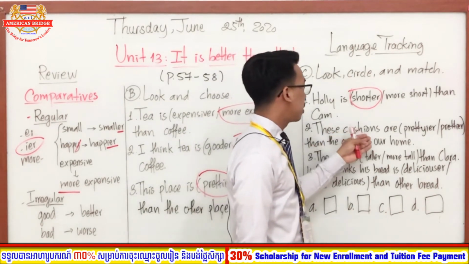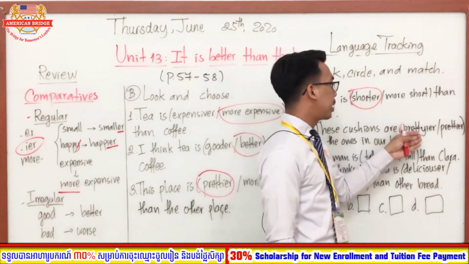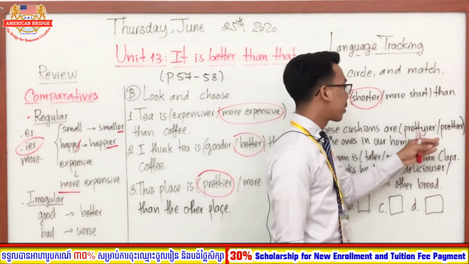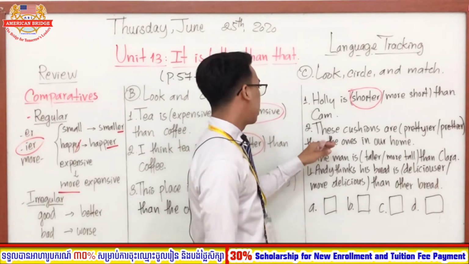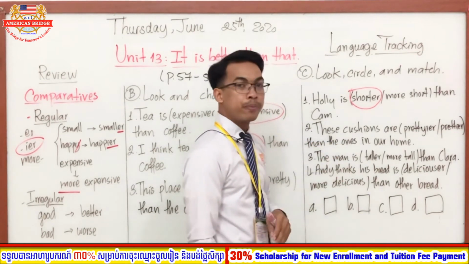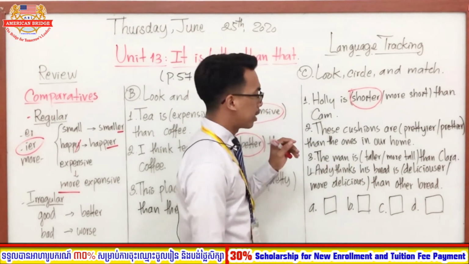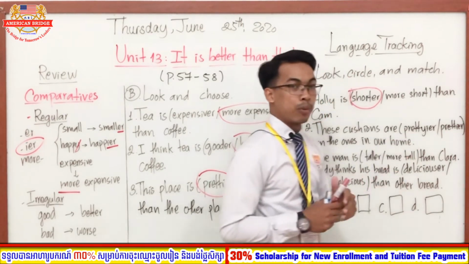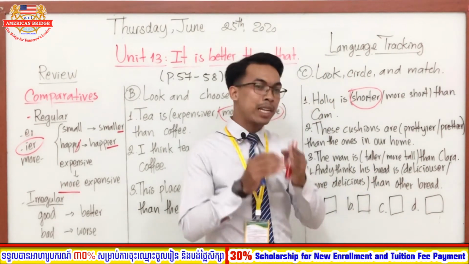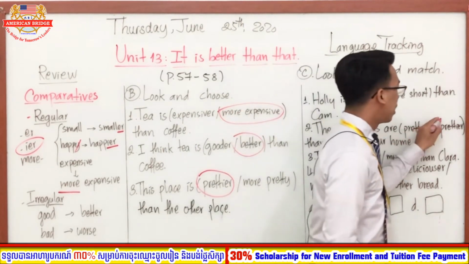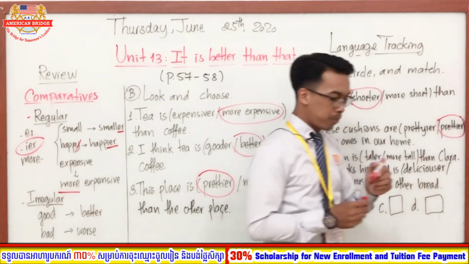These cushions are prettier than the ones in our home. So which one is the correct answer? The first or the second one? Yes, of course. So the second one. Why?